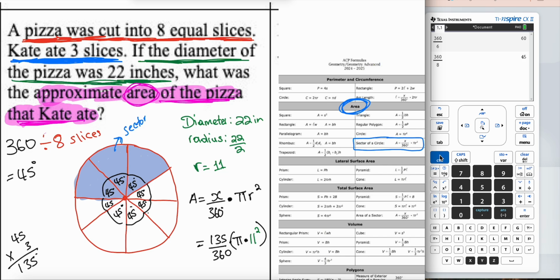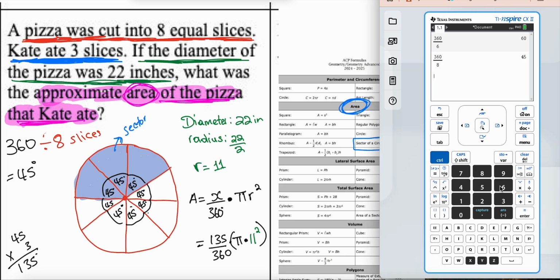So we're going to go to our calculator, and then we're just going to work this out. So in our calculator, we do 135 divided by 360, parentheses, pi multiplied by our radius, which is 11, squared. Close parentheses, enter.